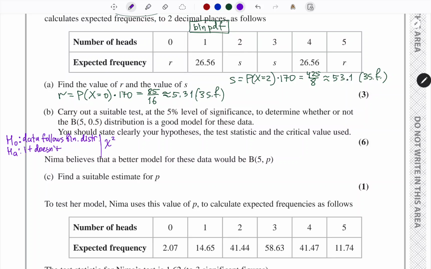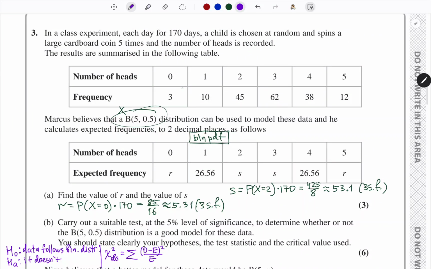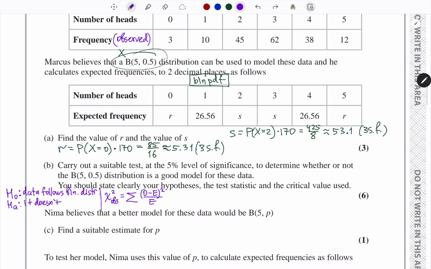So I have to find the chi-squared observed value. It can be found using the formula: observed minus expected, squared, divided by expected. I use these frequencies as observed frequencies, and these are expected frequencies, and I put them in the formula.